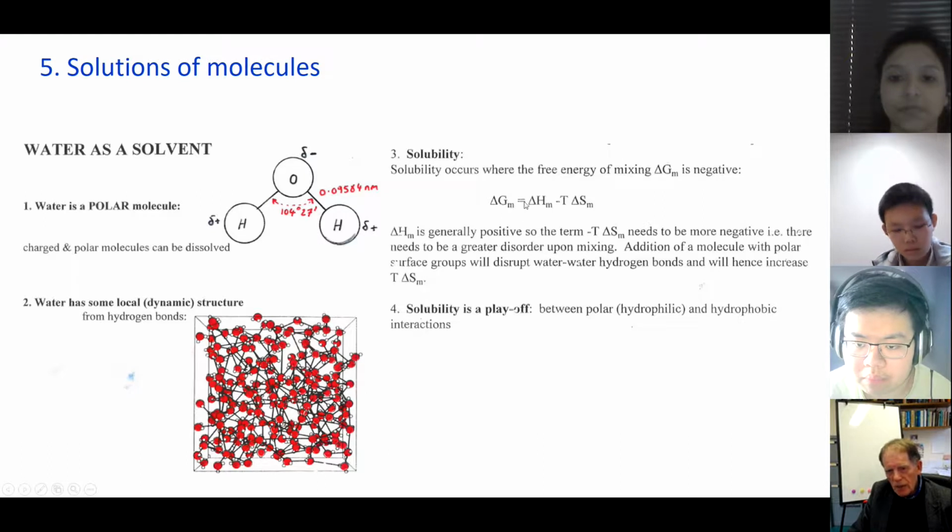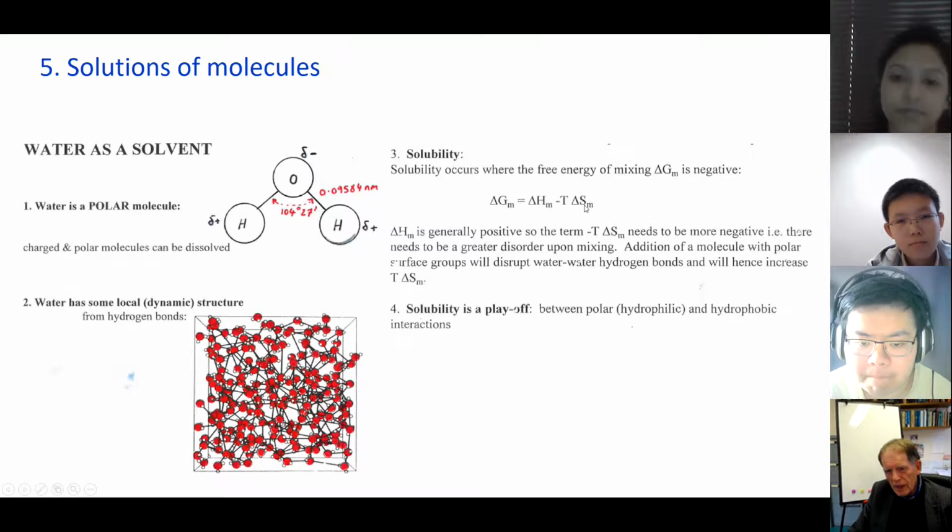Delta G m equals the change in the enthalpy, or heat energy at constant pressure, of mixing, minus the temperature times the change in the entropy of mixing, or the degree of randomness.